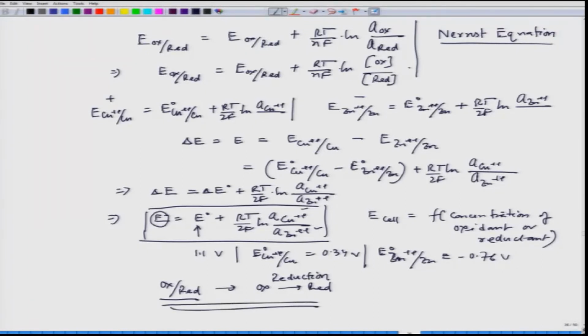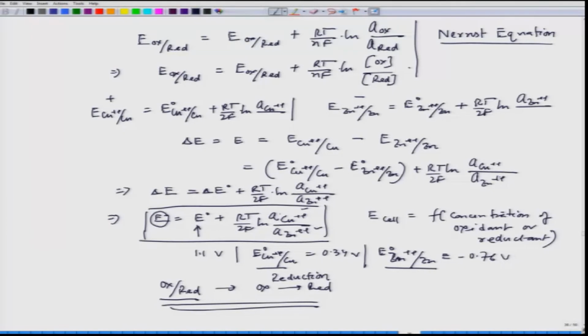This is important. So the reduction potential of one half-cell is this and the reduction potential of the other half-cell is this. This relation also tells me what the cell potential would be if we change the concentration.